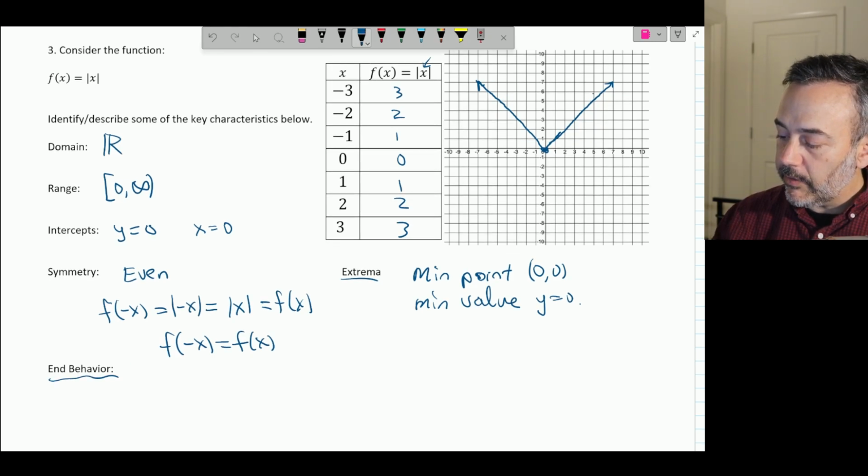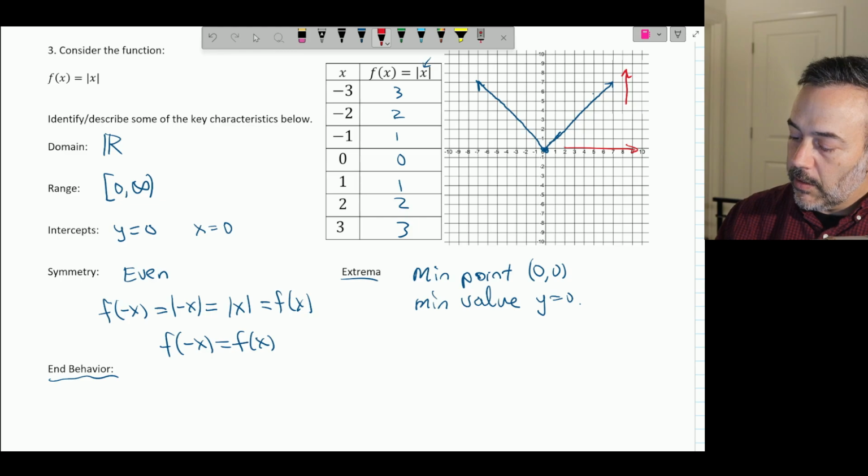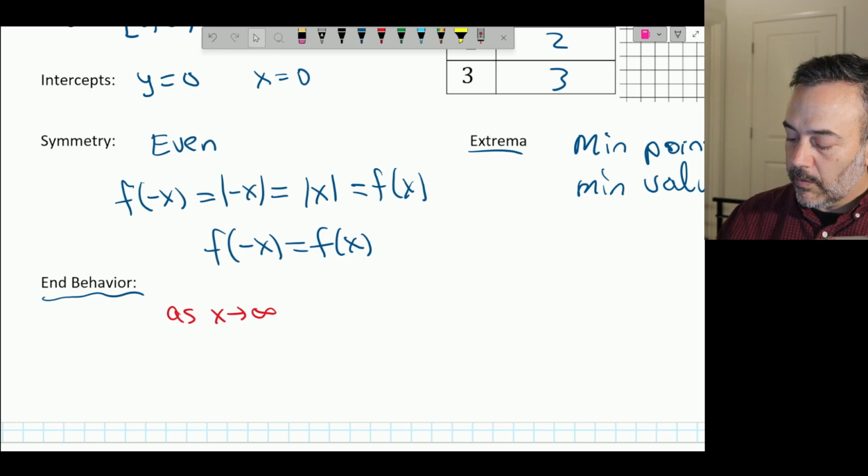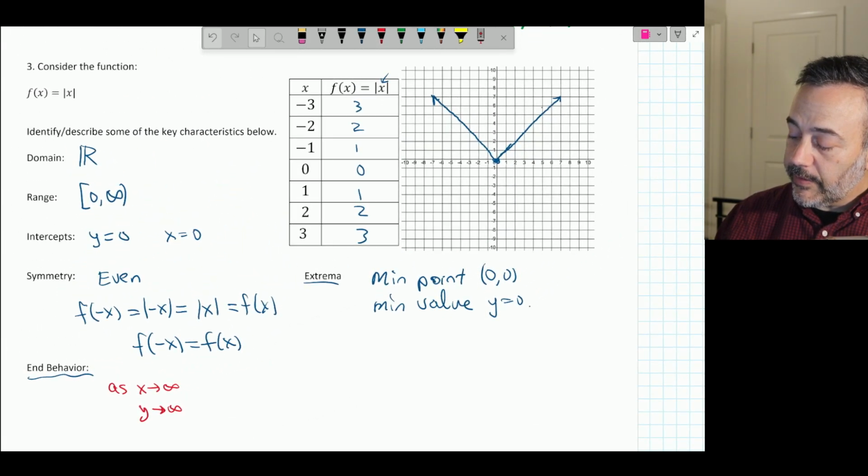What's the end behavior? Well, as x goes to infinity, the graph goes up, up, up forever. So as x goes to infinity, y also goes to infinity. On the left-hand side, as x goes to negative infinity, y goes to positive infinity because it goes forever up.